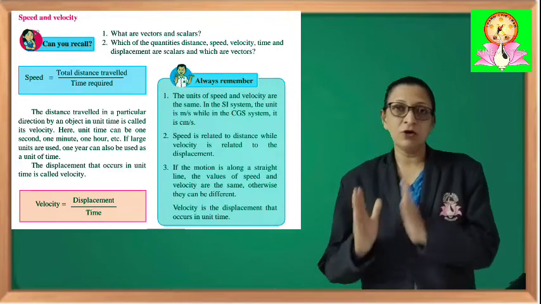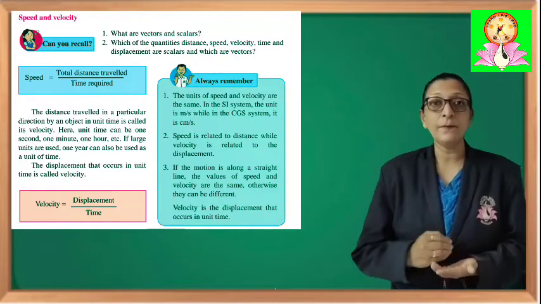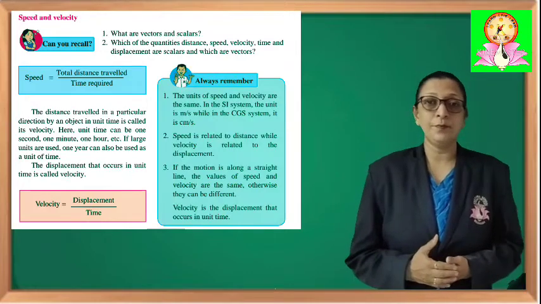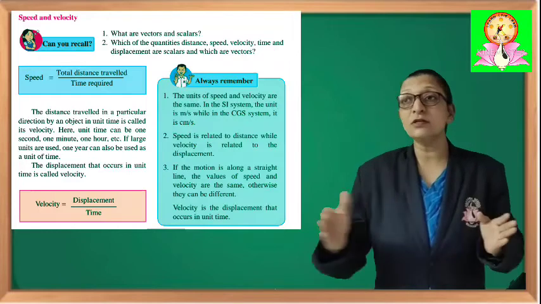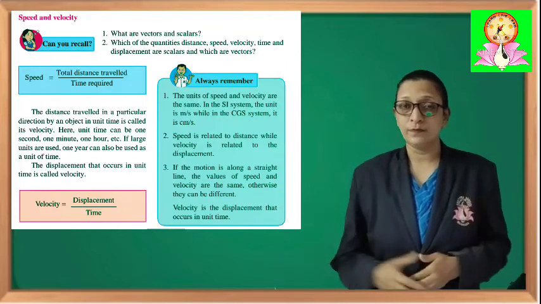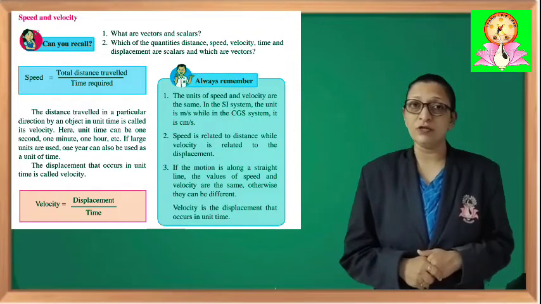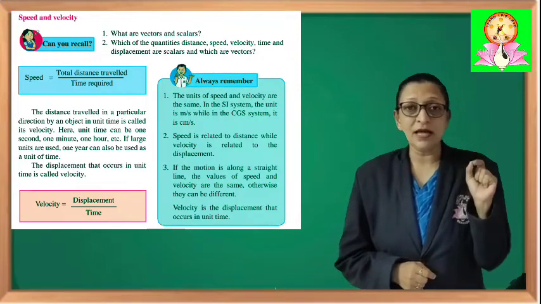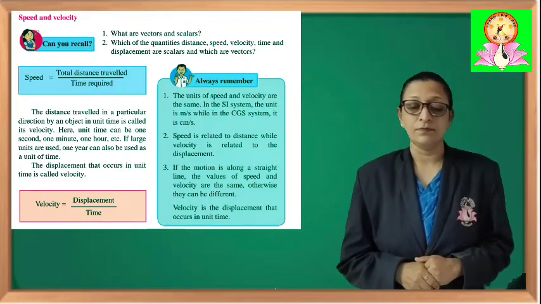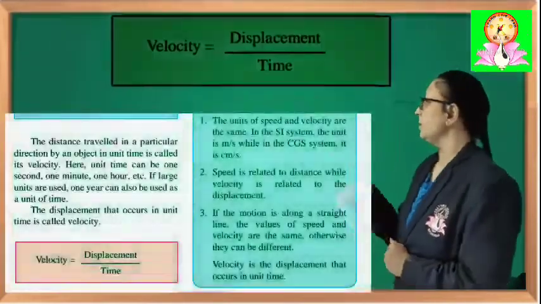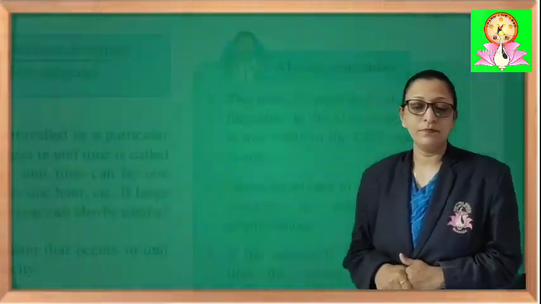Both speed and velocity can be calculated per second, per minute, per hour, or per year if the distance is very huge. Dear students, recapitulate the definition of velocity. The displacement that occurs in unit time is called velocity, and velocity can be calculated as displacement upon time.